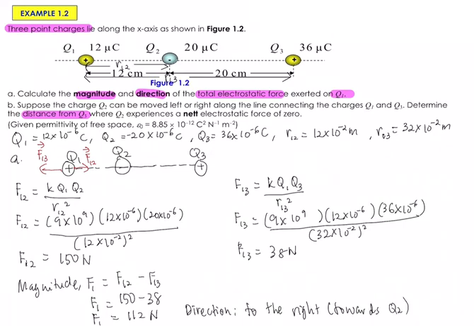Next, B. You have Q2, Q3 positive, Q1 positive, and determine the direction of the force on Q2.